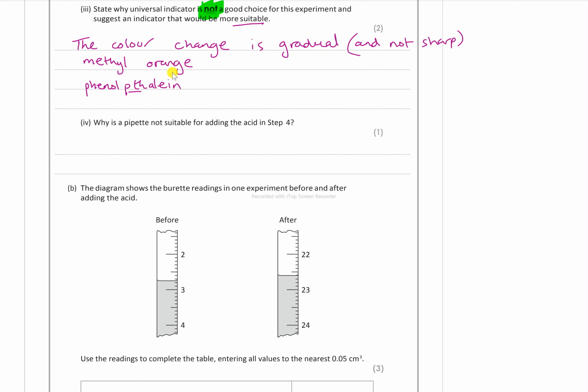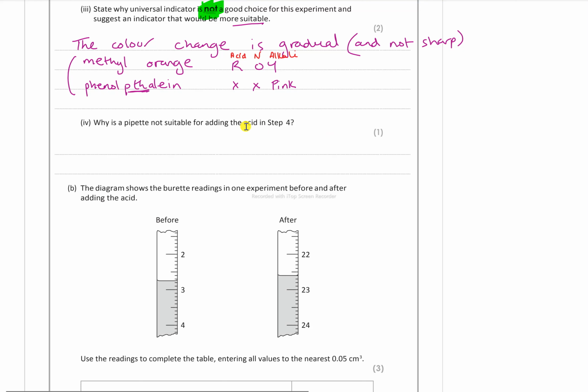I remember it as phthah, so I can spell it. Well, try to spell it. So you can use any one of these two. They've got a sharp change. This has got red, orange, yellow, colorless, pink. Because that's how we remember it, don't we? So this is acid, this is neutral, and this is alkali or base.